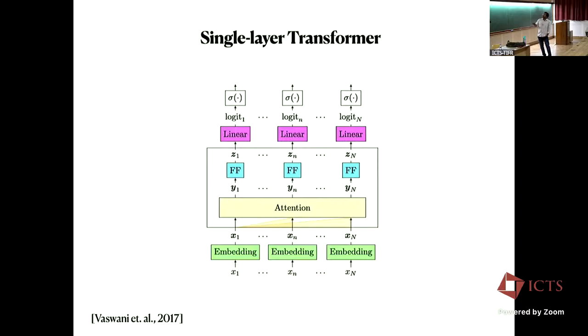Then you apply point-wise operations, where FF is the feed-forward neural network. Then you pass it through a linear layer to get a logit, which gives an indication of probabilities. Finally, you apply a softmax function or so forth. In this case, sigmoid is fine, so that you get the probability for the next token. So this is the full architecture.